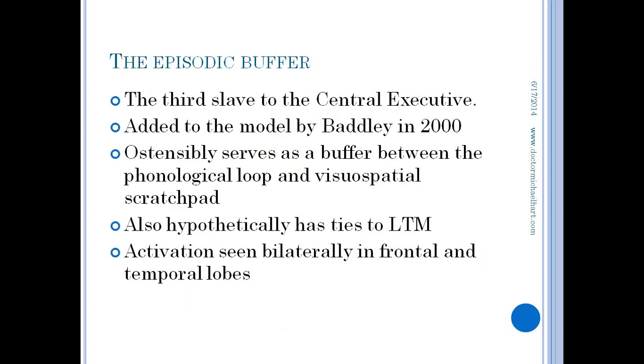I don't know how. It's called the third slave. It kind of serves as the go-between between the phonological loop and the visual spatial scratch pad. And hypothetically, I don't know what the tie is to long-term memory, but they're definitely seeing activation bilaterally in the frontal and temporal lobes, which, knowing what we know about memory, seems to fit with lots of other research.